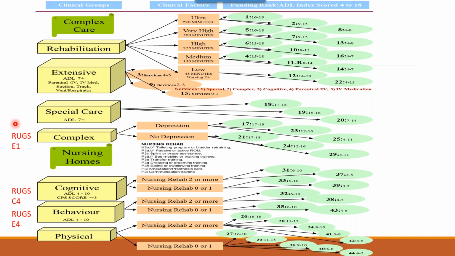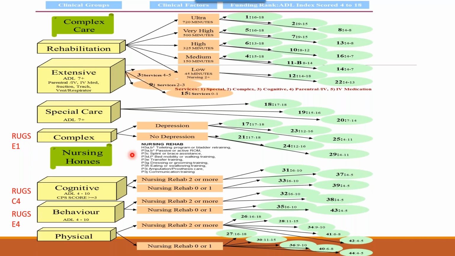Okay, so that's where the E1 items on this quality indicator do impact the funding model, and a very, very important one, given that nearly 20% of your residents will fall in this complex group. You can see that that's a significant increase in funding if we're counting those 3 or more of those 16 different areas.